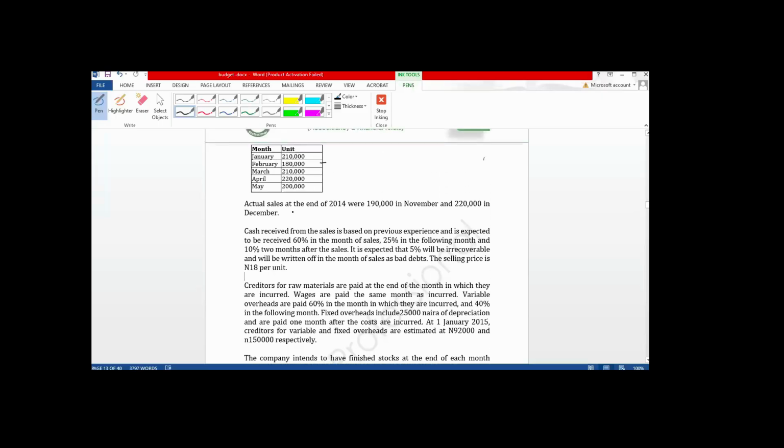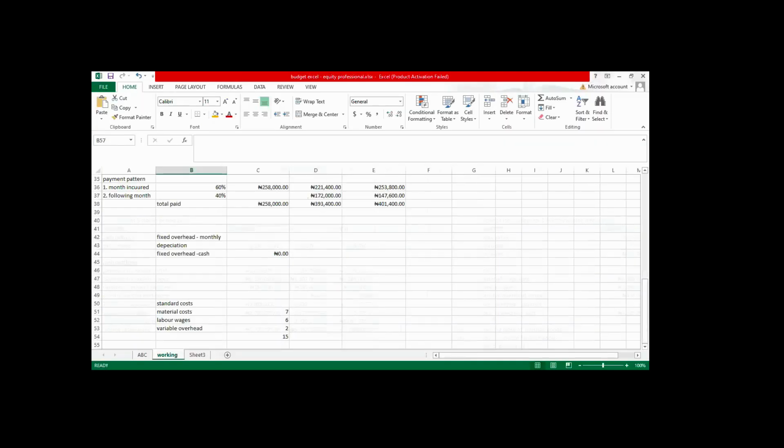Actual sales at the end of 2024: 190 in November, 220 in December. Please look at the workings.